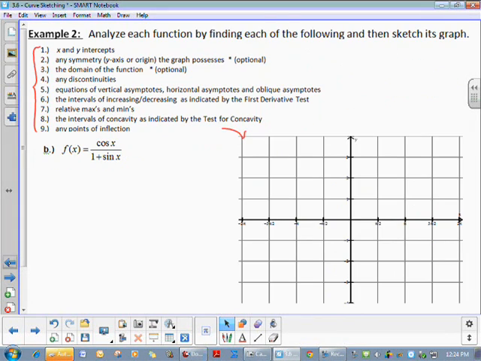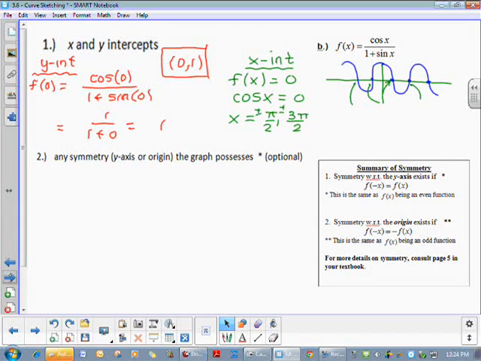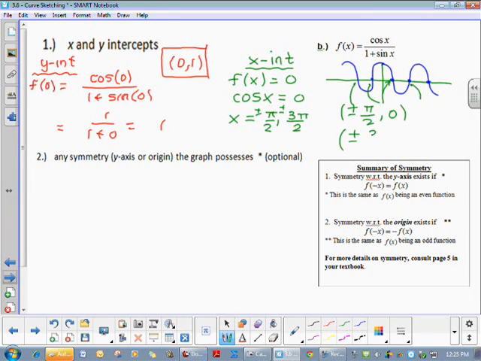And if we were to go back and look at the coordinate plane that's been laid out for us, we notice that it only goes from negative 2 pi to positive 2 pi. So we can stay within those boundaries and I think be pretty safe. So we're going to return back here and then just declare the fact that we really only have 4 x-intercepts: plus or minus pi over 2, 0, plus or minus 3 pi over 2, 0.